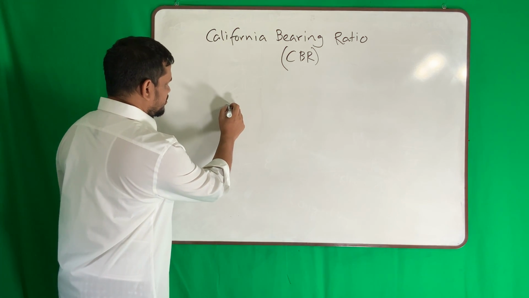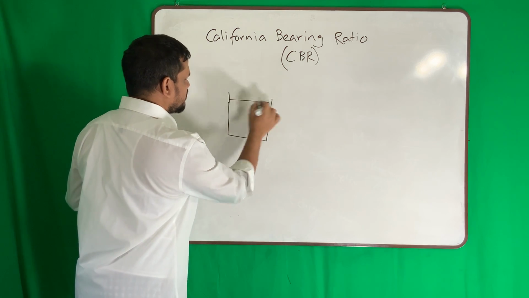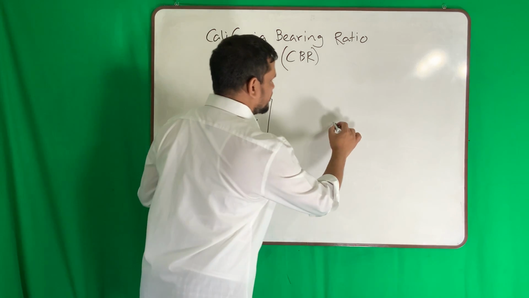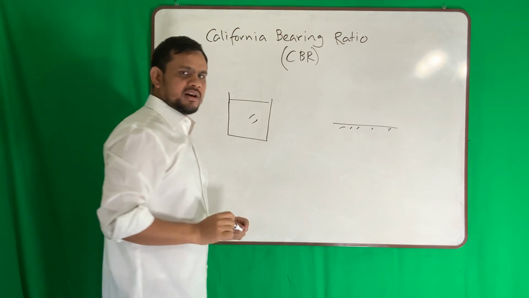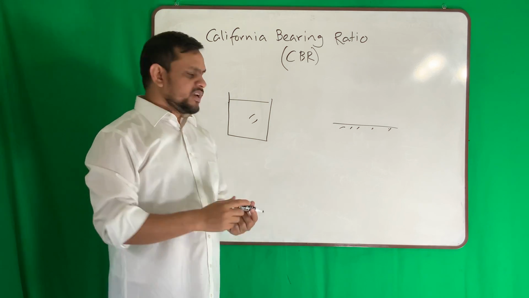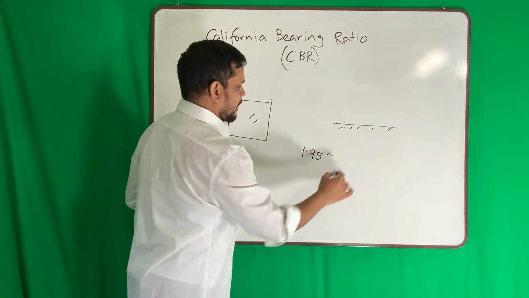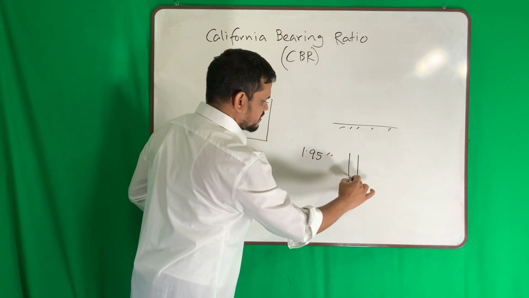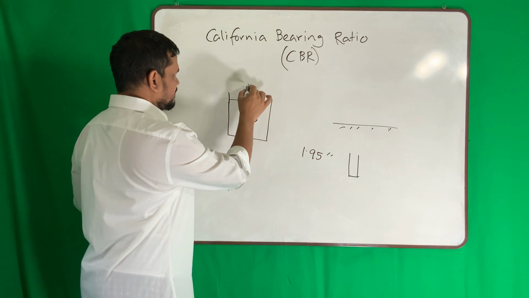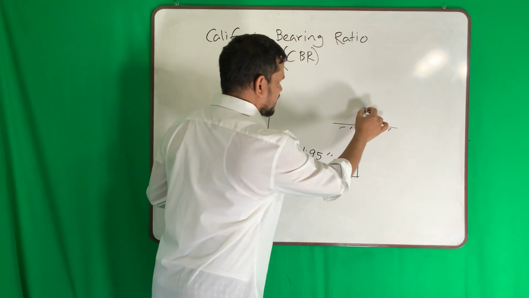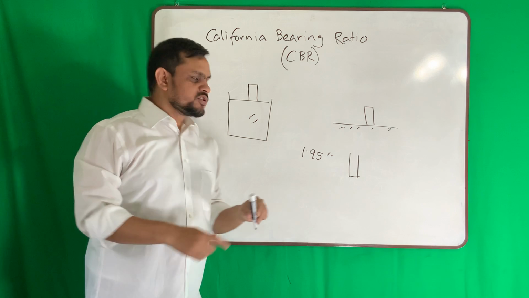If we do it in the laboratory, inside a mold, we compact a sample. If we go to the real field, say this is our real material, we bring a 1.95 inch piston. We place it here, and then we apply force to penetrate.